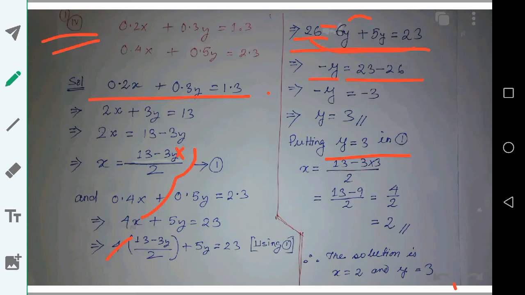Here you see 13 minus 3 into 3, that is 13 minus 9, by 2, that is 4 by 2, which gives 2. So the solution is x is equal to 2, y is equal to 3. This is the solution.